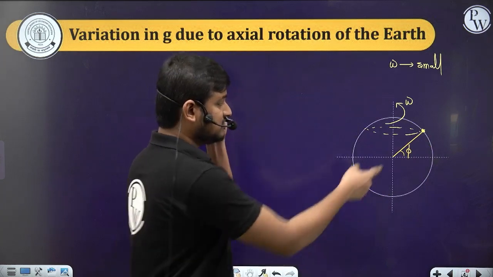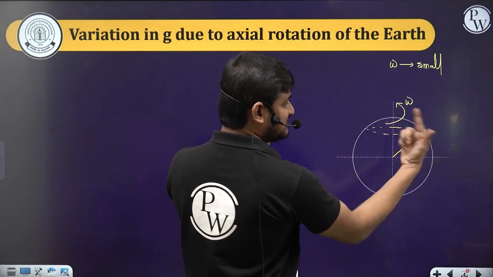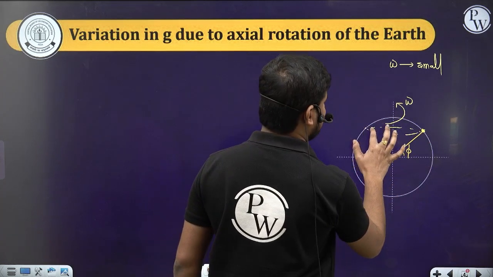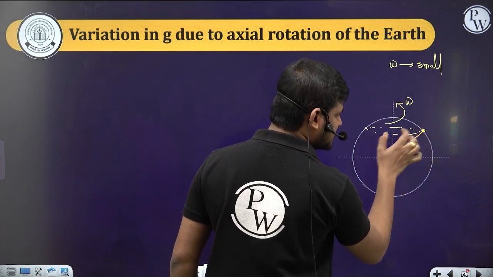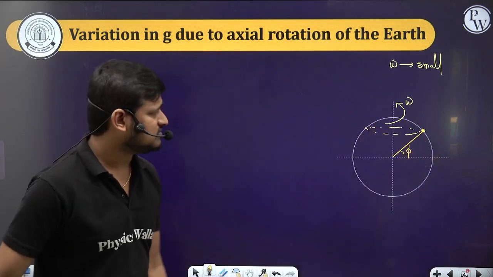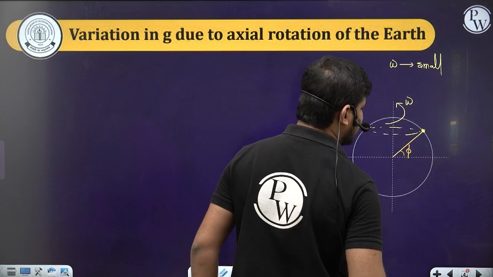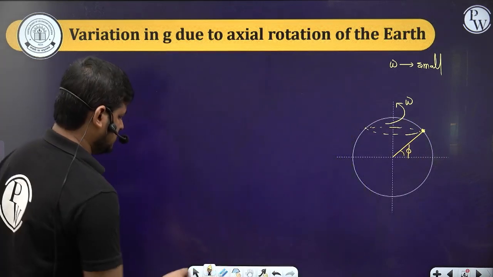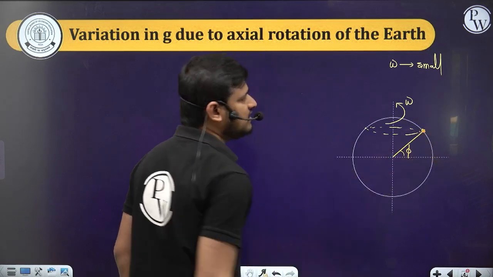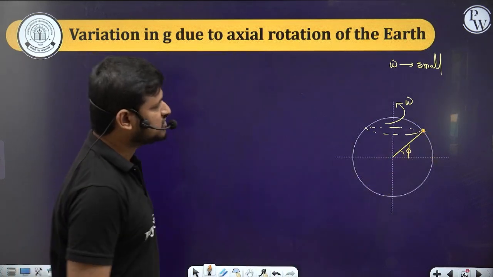Clear? The earth is not rotating like this. Earth is rotating like this about its axis, right? So the person who is standing here rotates like this. Understanding? If this angle is phi, the particle placed here will have two forces. What are the forces?